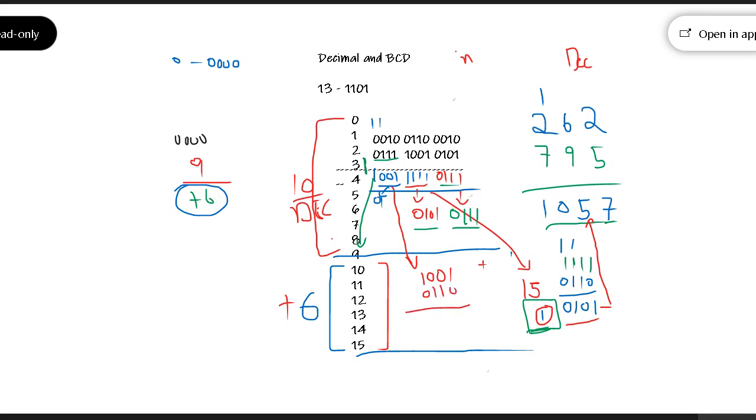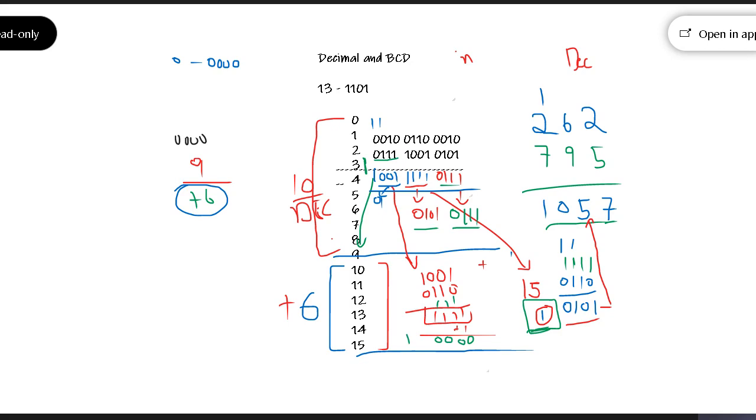Actually, you don't need to add it, but see, 1, 1, 1, 1. When you add 1 to this one, then again this will become 0, 1 plus 1 is 0, and the carry is again 1.